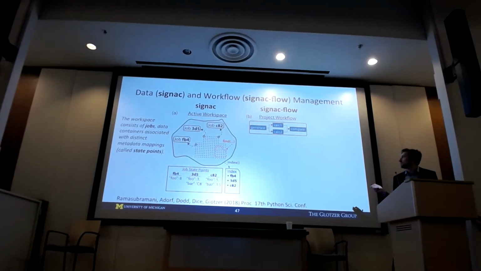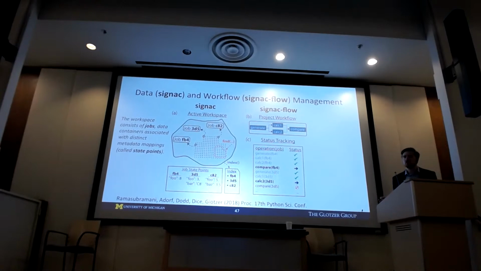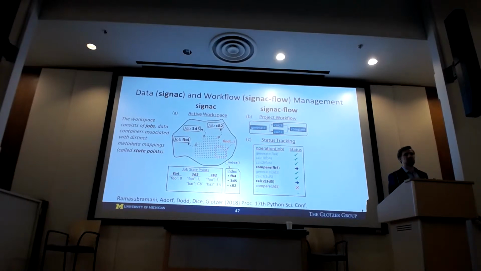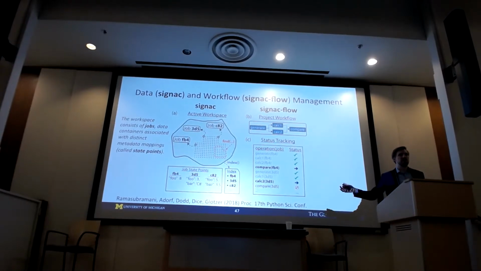We can define these workflows using the SIGNAC flow counterpart here, and then execute these workflows both locally on the computer, on the laptop, or on the leading supercomputers. This makes it very easy to implement and test workflows, but then also scale them up to leadership class computers.